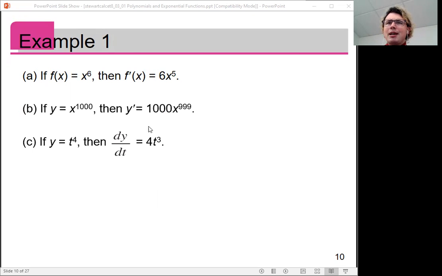And notice here that the slides are using the different notations for the derivative. If my original is written in terms of f of x, in function notation, I write f prime of x. If I'm writing in terms of dependent and independent variables, I can just write y prime. And here, because we're using a different independent variable than the traditional x, we've used the Leibniz notation dy/dt.